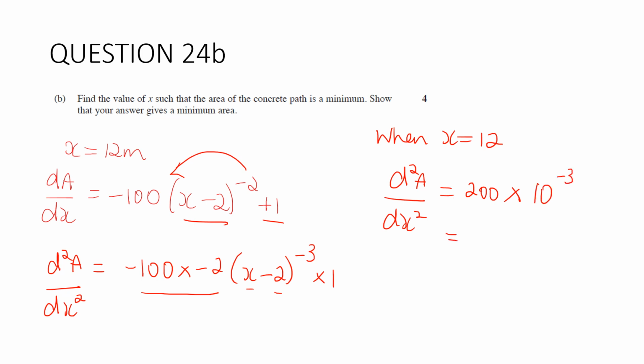And you should always work this out. So we have got 200 divided by 1,000, could have done that in my head, is equal to 0.2, which is greater than 0, so it is concave up, therefore it is a minimum.